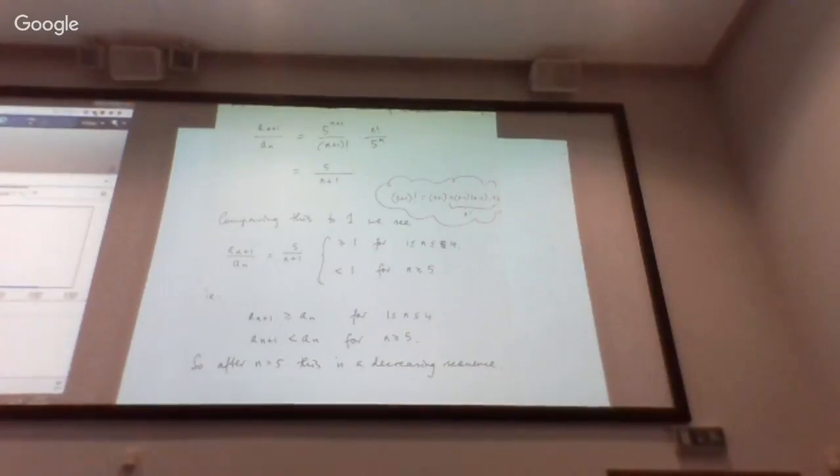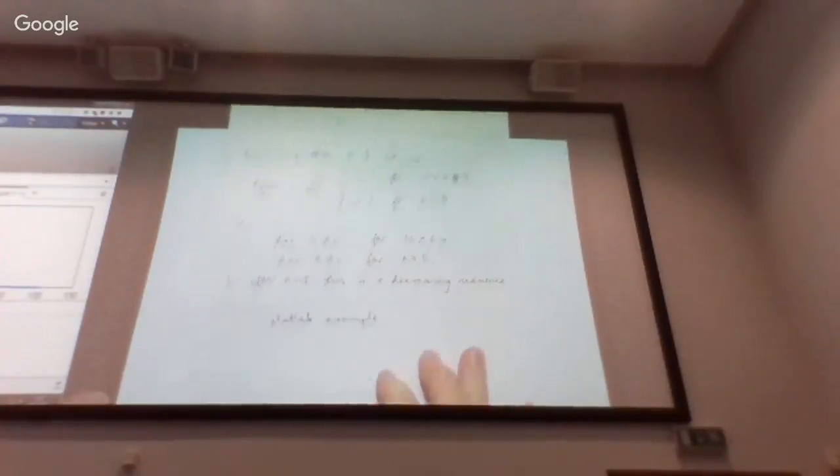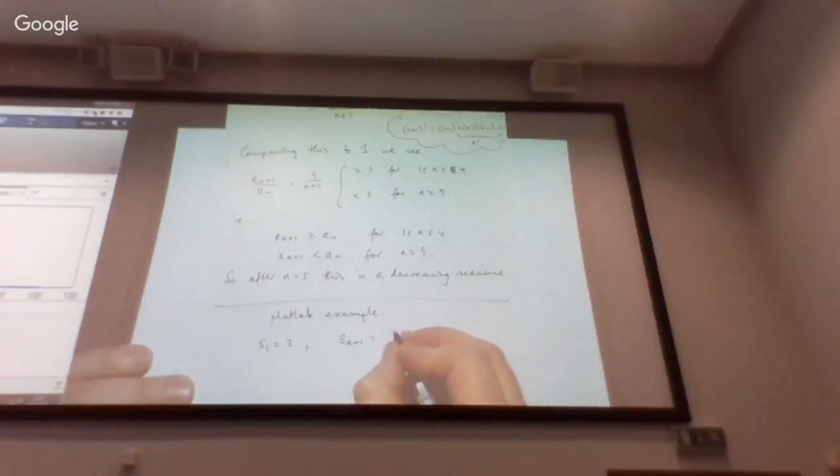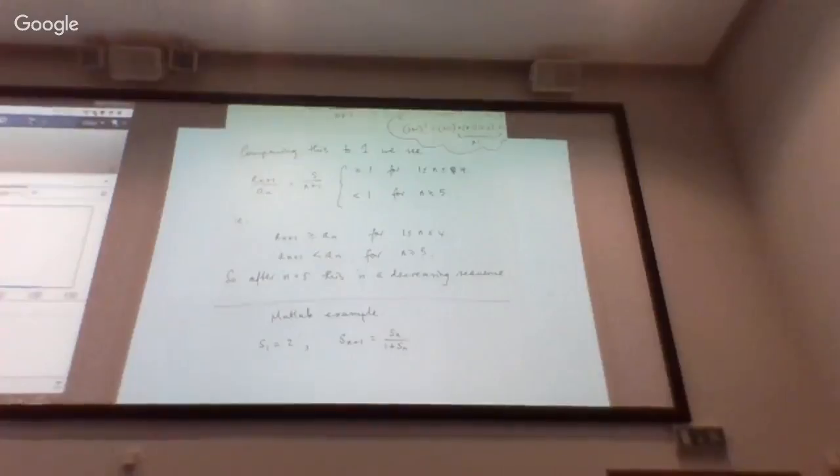What we're doing here is developing a sequence defined by a recurrence relation. This would be the sequence where S1 is equal to 2, and thereafter, Sn plus 1 is Sn over 1 plus Sn. This example shows you how you quickly calculate values of it in MATLAB.